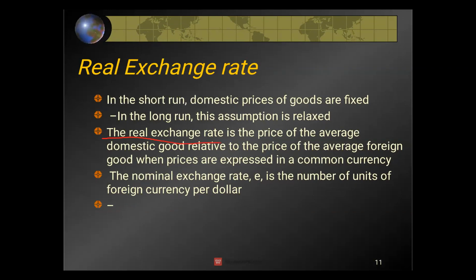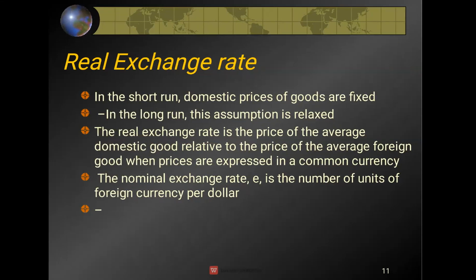The real exchange rate is the price of the average domestic good relative to the price of the average foreign good when prices are expressed in a common currency. We get the common currency to express all that, then you'll have the real exchange rate. So the nominal exchange rate is the number of units of the foreign currency per dollar in this case.